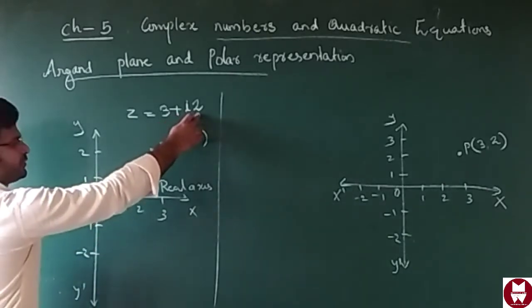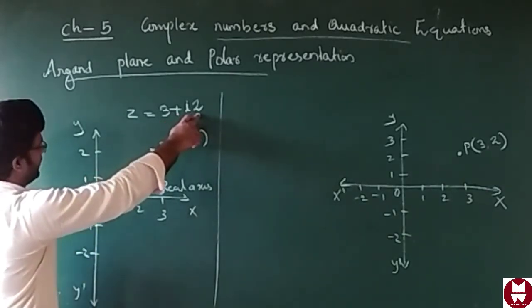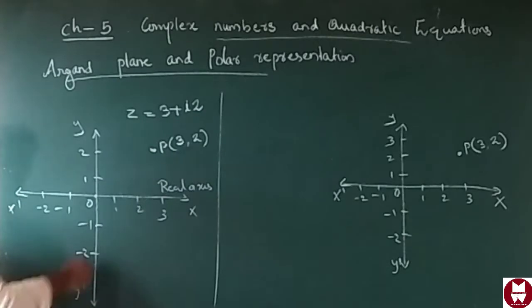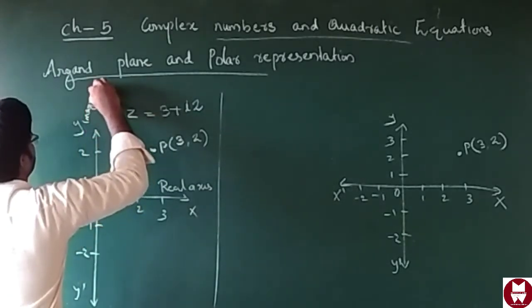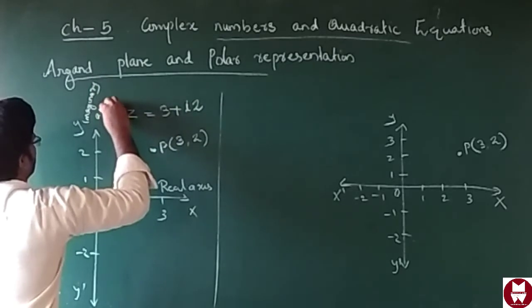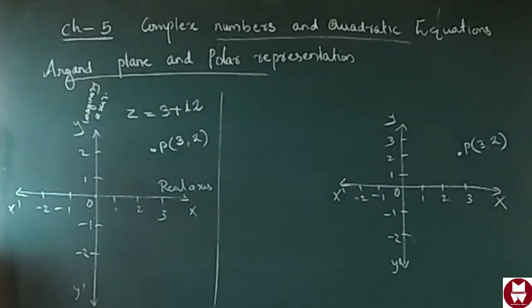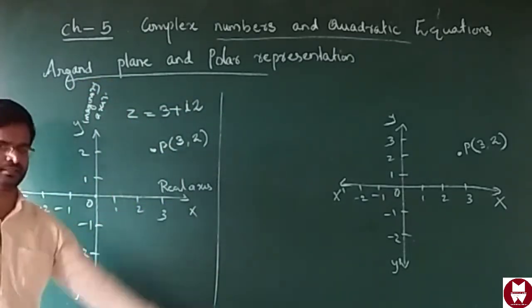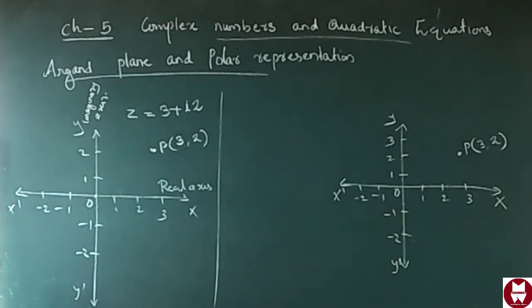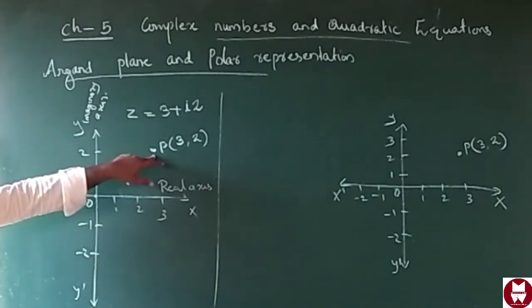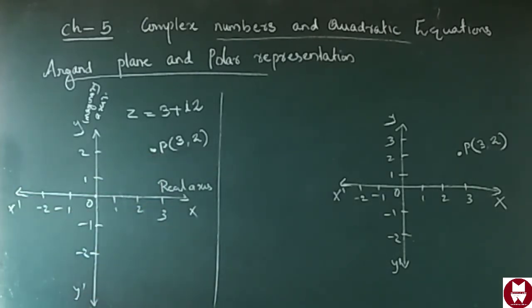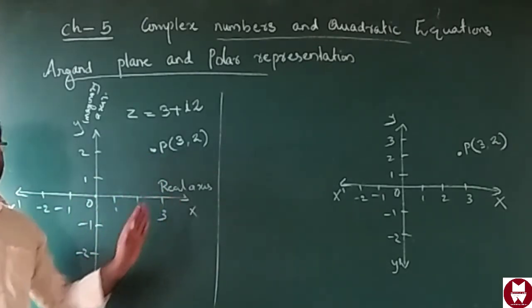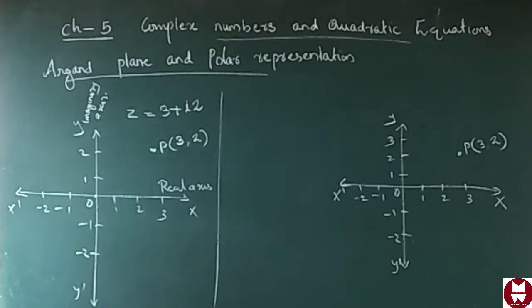The second number 2, from the y axis, is the imaginary part, so we can say the y axis is the imaginary axis. The Argand plane and the Cartesian plane are equal, but in the Argand plane each and every point is related to one complex number. That is the difference. The x axis is known as the real axis, the y axis is the imaginary axis.